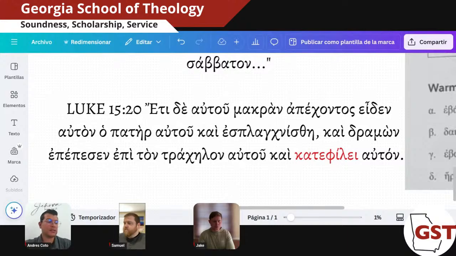If some manuscripts have this in the aorist, that translation is right. But if we were translating one that has the imperfect indicative, a better translation would be "was kissing him."